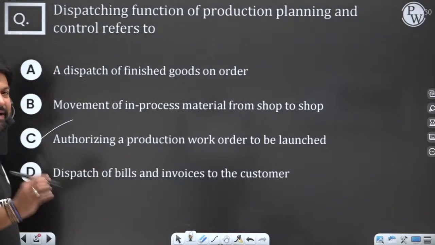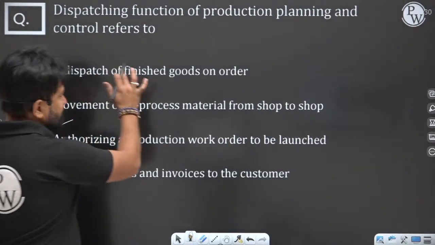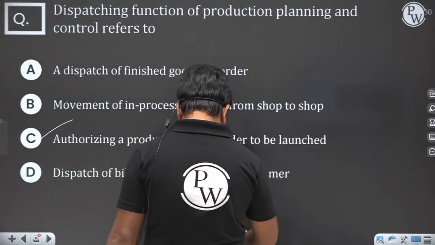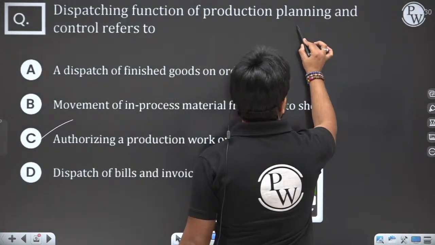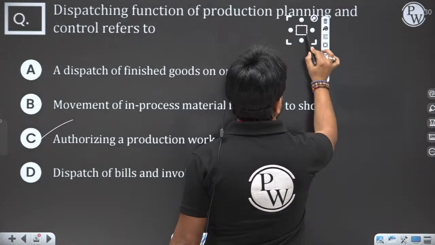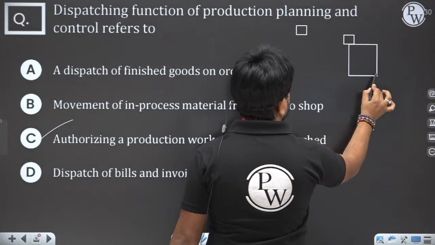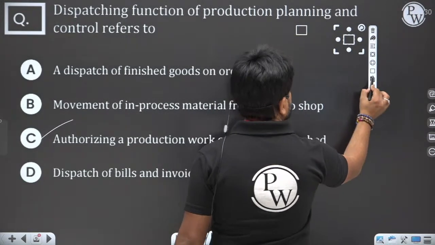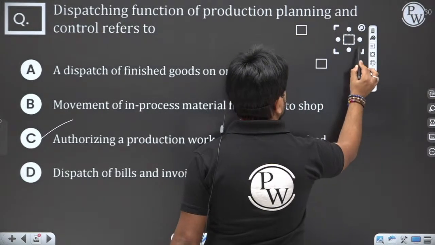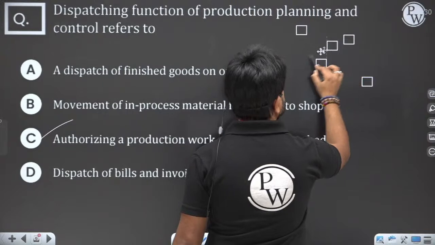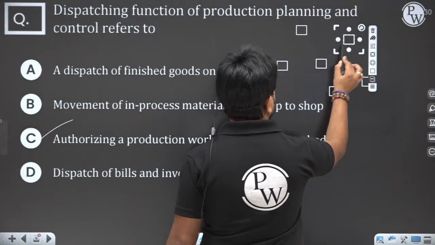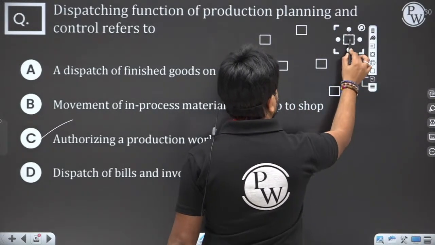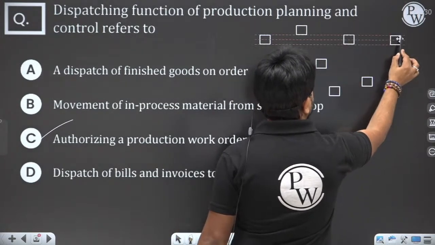Actually, first of all, try to understand dispatch. Suppose this is one shop floor, this is another shop floor, and so on.